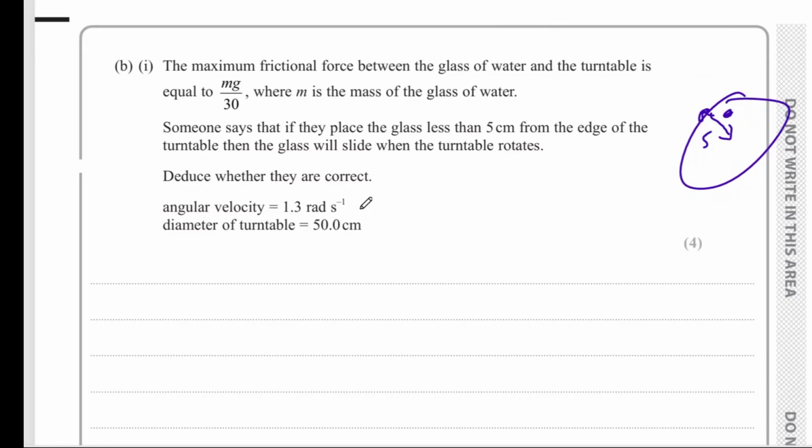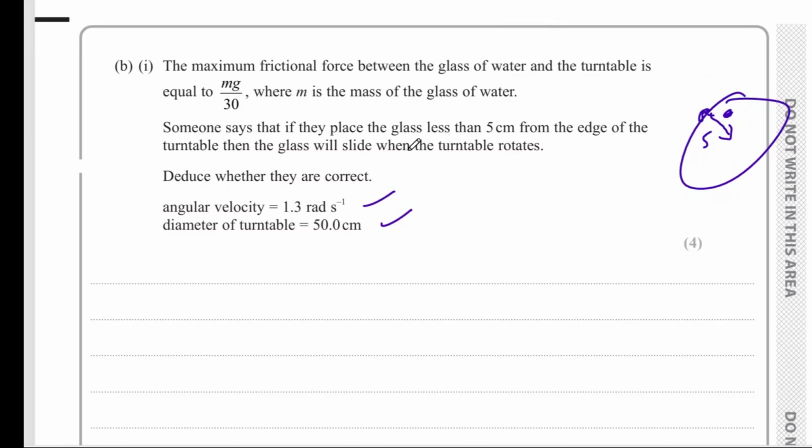Angular velocity is given. You have got the diameter of the turntable as well, and that comes out to be 50 centimeters. So I'm just going to calculate the distance from which it is suitable.